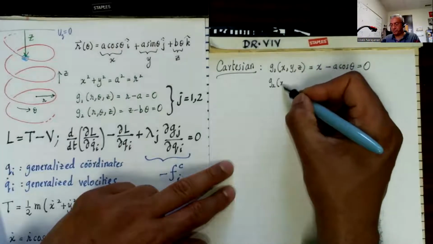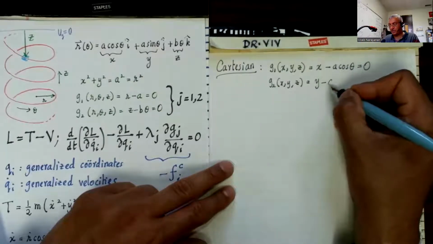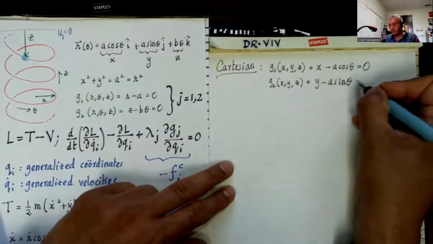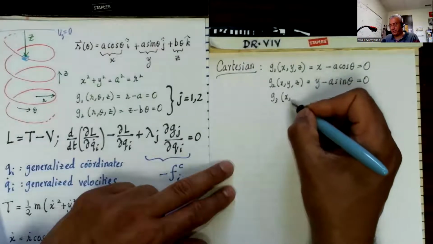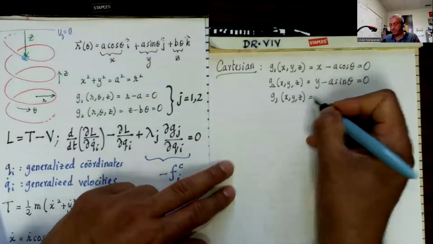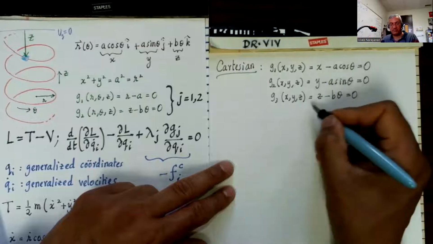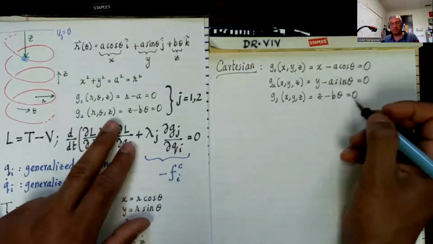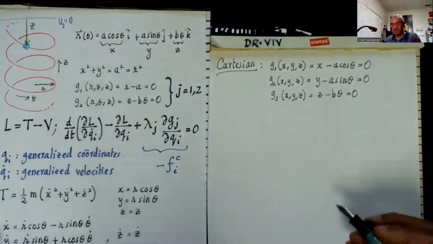G2 of xyz is y minus a sine theta, and that's equal to 0. And G3 of xyz is z minus b theta, and that's 0. That used to be our previous G2, okay?